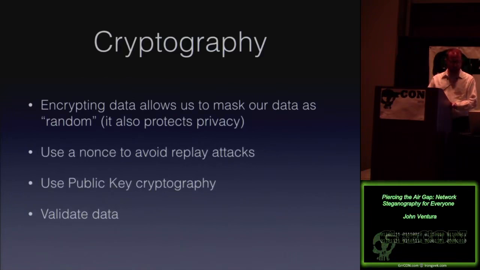In addition to that, I think public key cryptography is pretty crucial here. With any kind of cryptographic system, you need some kind of symmetric or asymmetric secrets on both sides, and you either need some kind of pre-shared key or something.